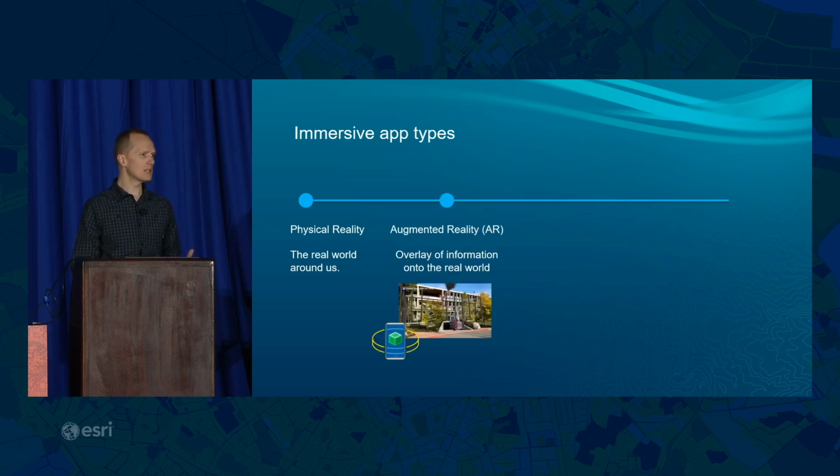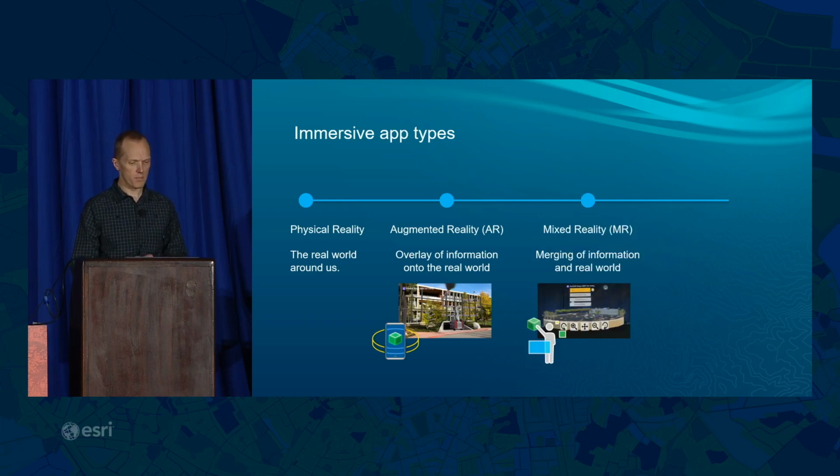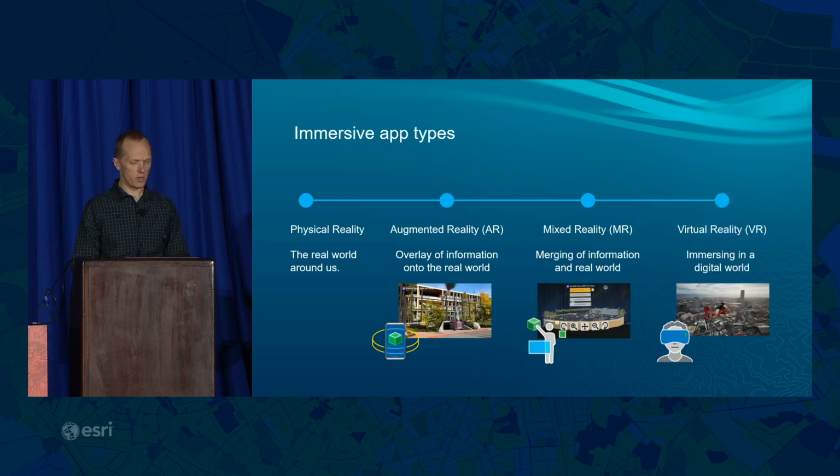So augmented reality, about overlaying information onto the real world around you. Mixed reality, so the merging of digital information and the real world. And then virtual reality, a full immersion experience in the digital world. And then collectively, we refer to these different experiences as extended reality, or XR.